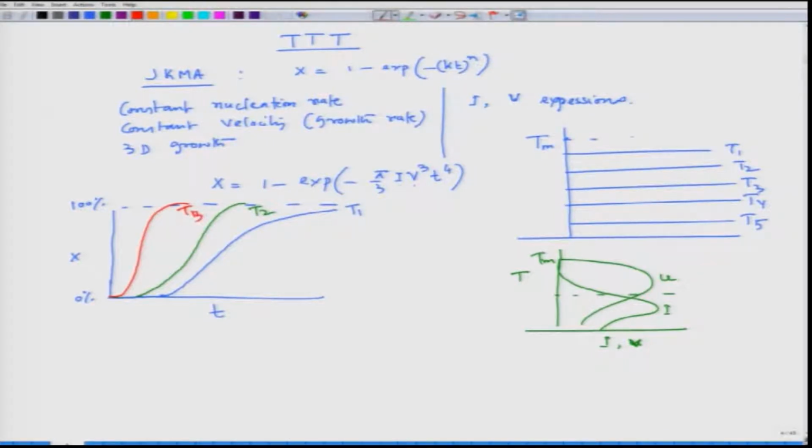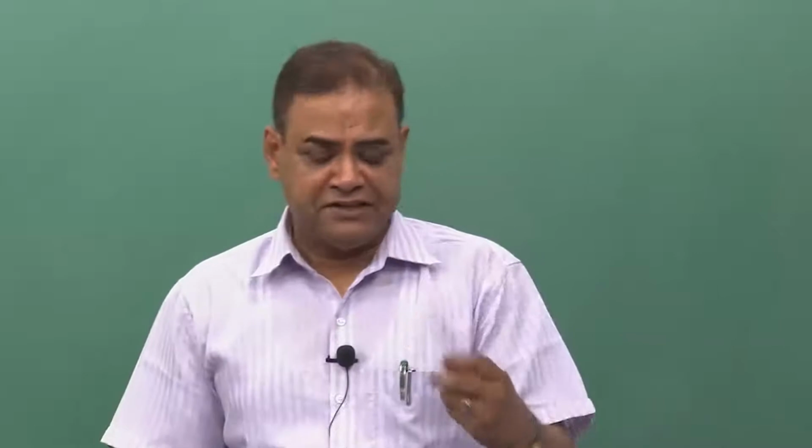And now, if I try to go down further, then at T4, if I find the T4 region here, I see that growth rate has gone down, but nucleation rate is very high. What does it mean? It means we have many more nuclei, but since the growth rate is small, we would end up getting a very fine structure.